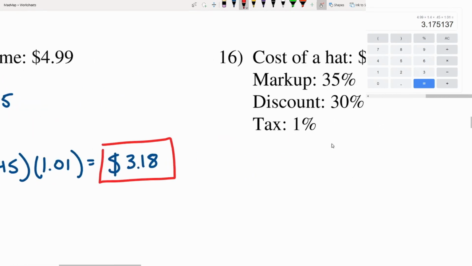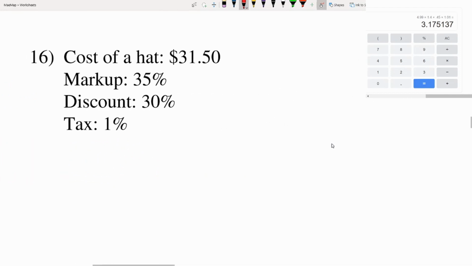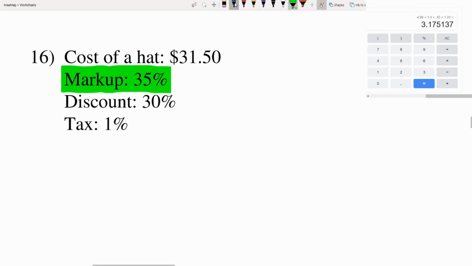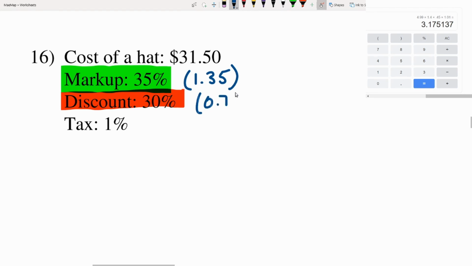And lastly on this video, number 16. We have a markup of 35%, which will eventually multiply by 1.35 to that 31.50. And then that gets multiplied by our discount, which 1 minus 0.3 is going to be 0.7.